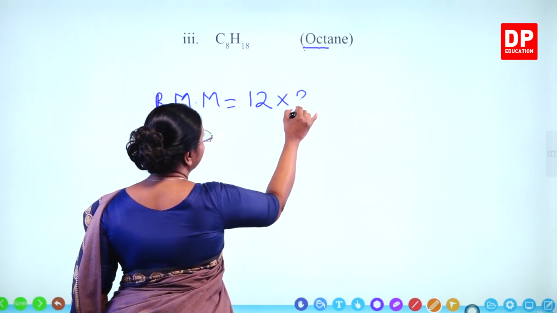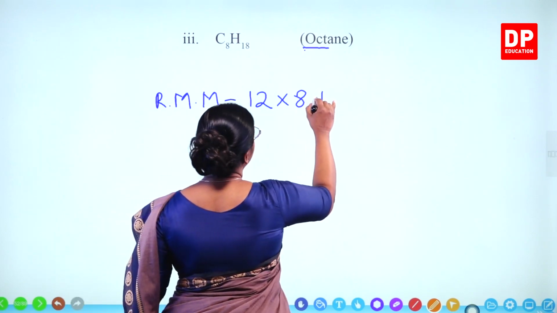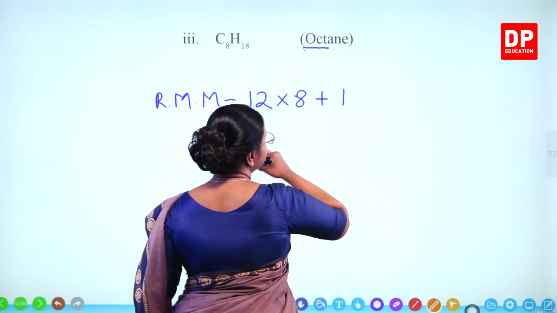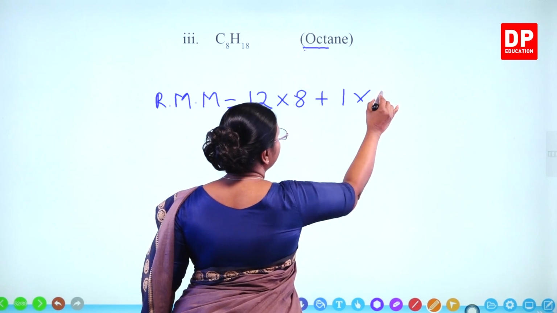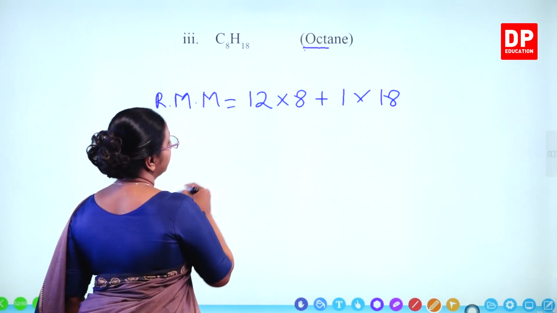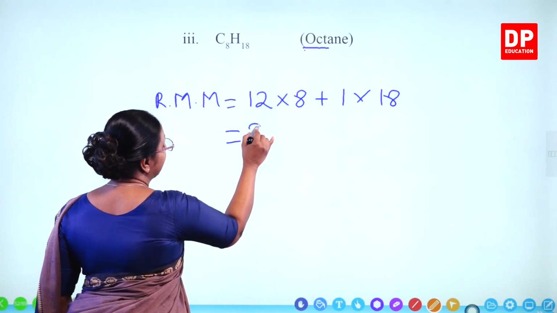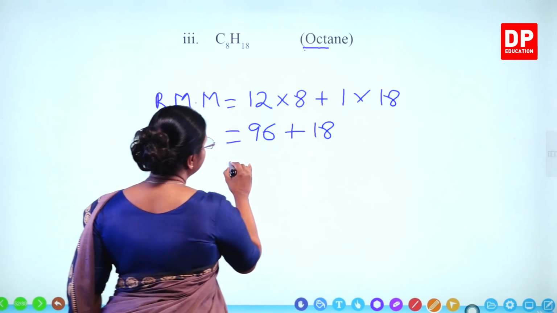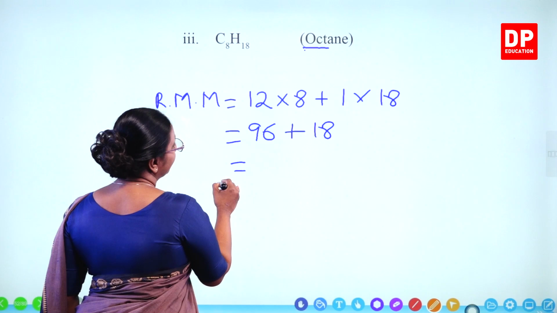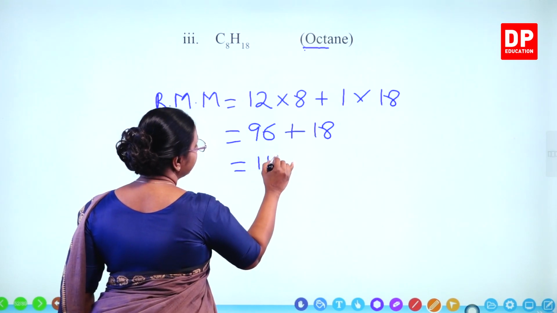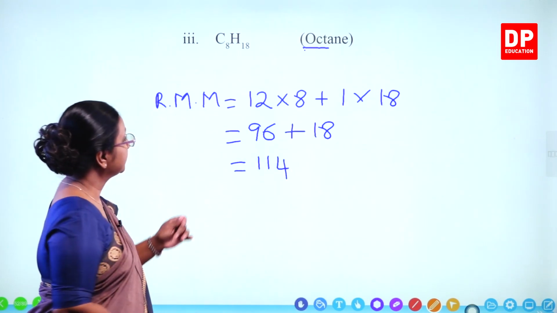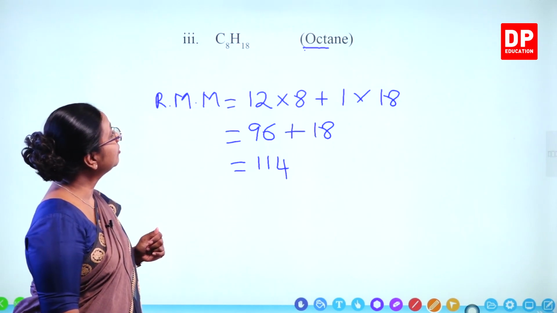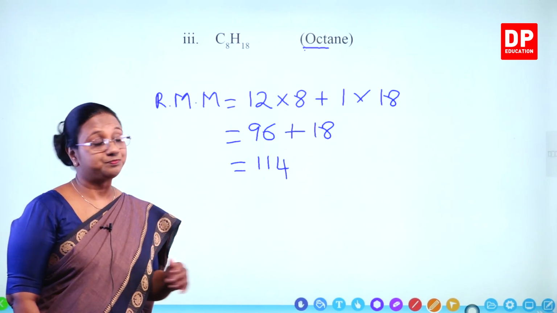And there are 8 carbons like that. Plus there is hydrogen, that is 1. There are 18 hydrogens. So when you multiply this, 12 into 8, 96 plus 18. So you get the value as 114. That is the relative molecular mass of octane.